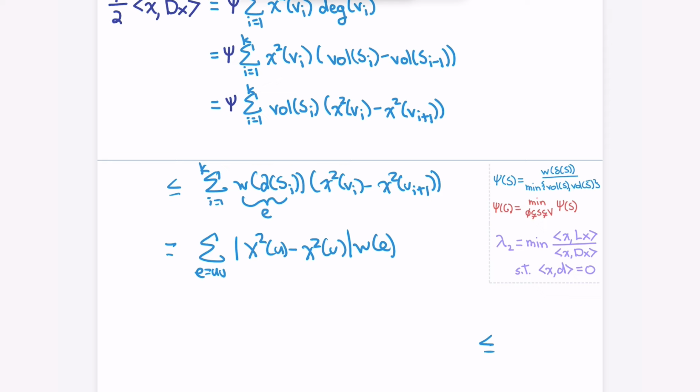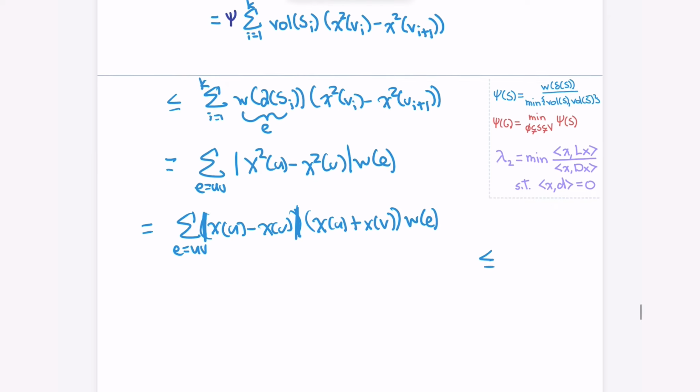I am trying to eventually bring x transpose L x into the picture. x transpose L x is equal to the sum over all edges e equals uv, the weight of the edge, times (x_u minus x_v) squared.